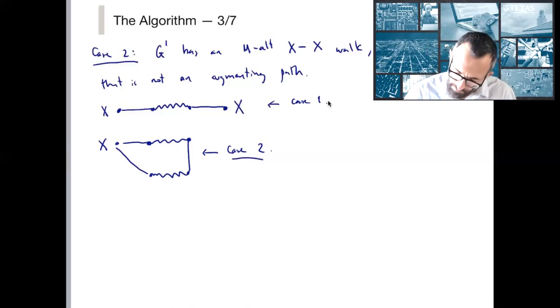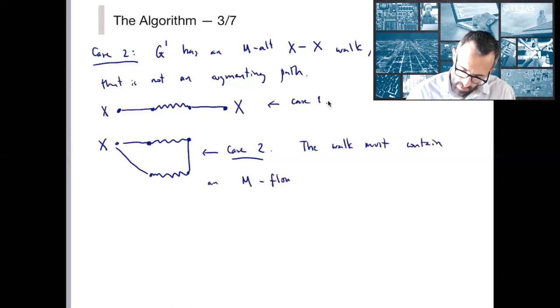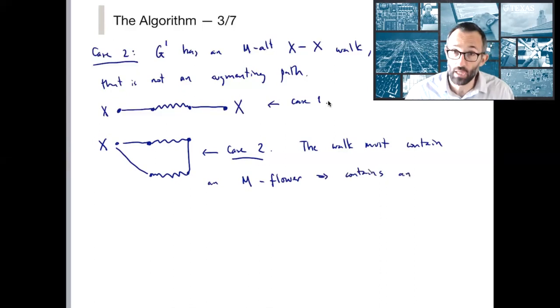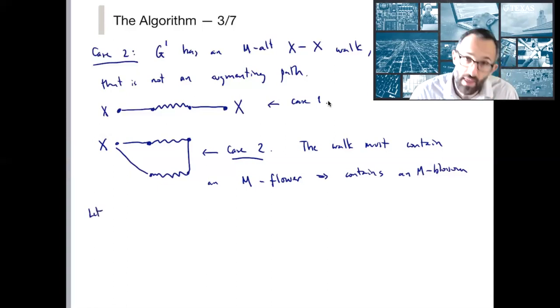So this walk must contain somewhere an M flower, which means that it contains an M blossom. In other words, it contains an odd length circuit. So let's let C be that blossom.